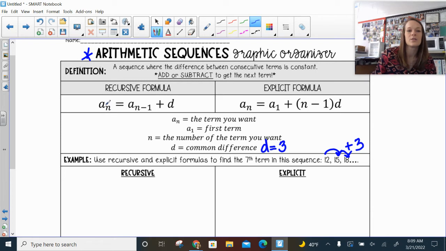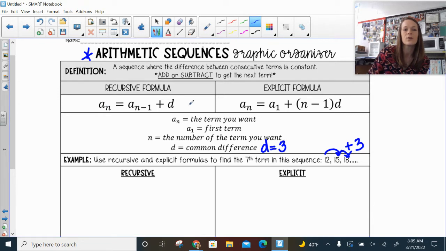Okay, so starting with the recursive. The recursive is basically a formula that's informative, telling you what's happening in the problem. So when you write this, a n and a n minus 1 stay just the same.